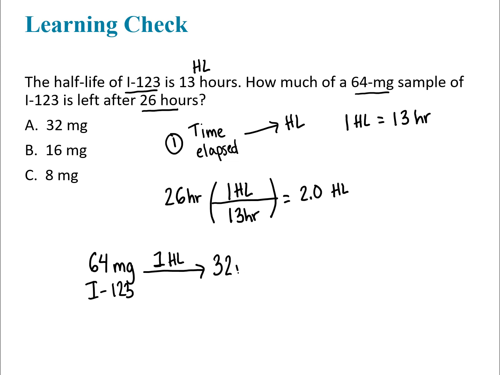You'll have 32 milligrams left. So you divide by 2. That's all you're doing. If we have 2 half-lives, we're just dividing the 32 by 2 again. That gives you 16 milligrams, which is our answer.